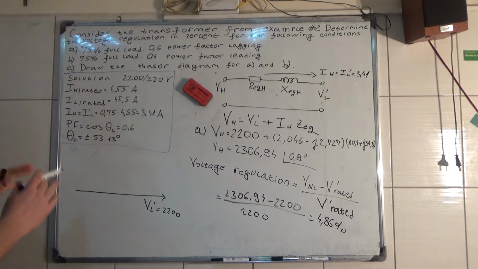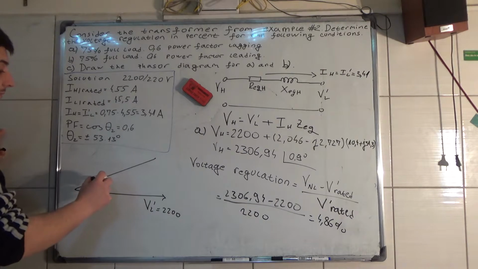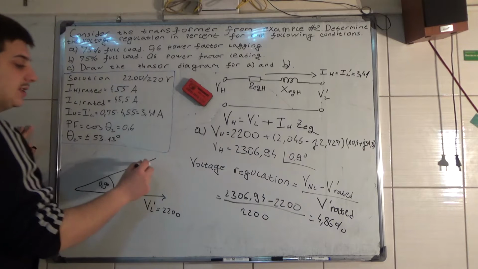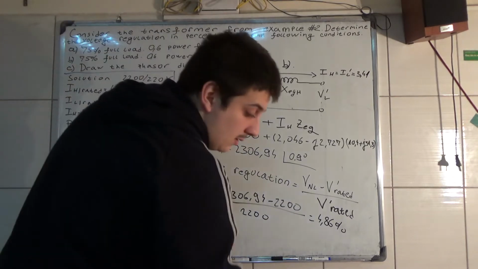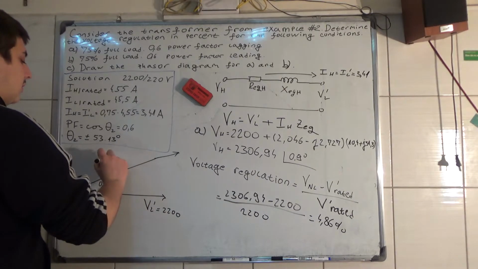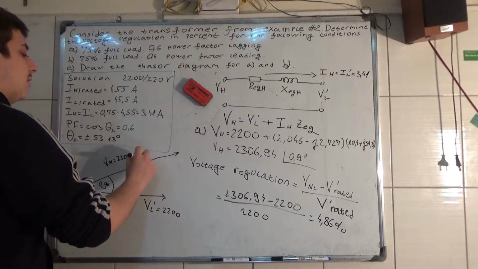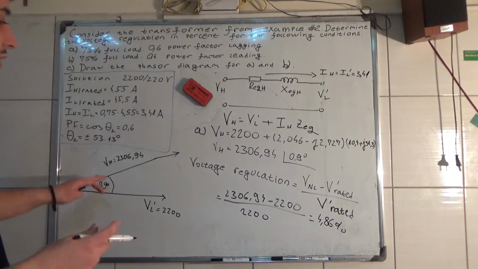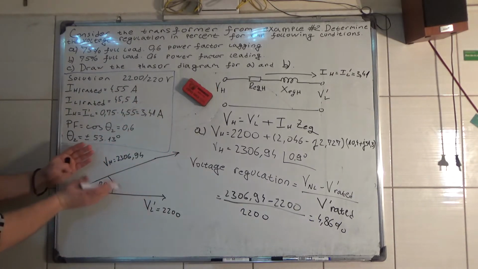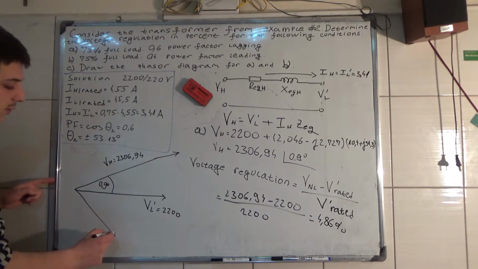Now, the high voltage is shifted 0.9 degrees, as you can see like this, and its amplitude is 2306.94 volts. So between the high voltage side and the referred load voltage, you have 0.9 degrees, from here to here.